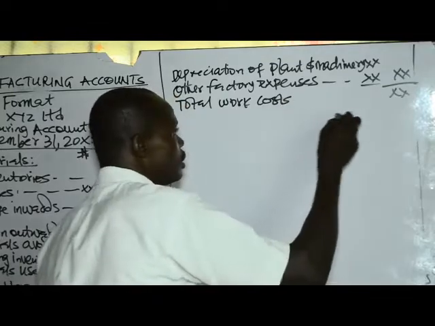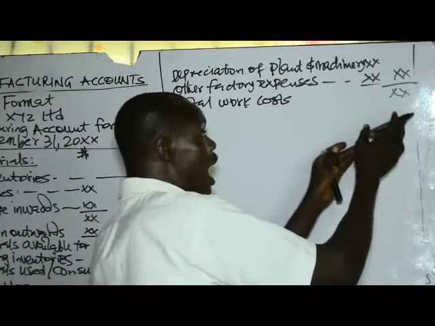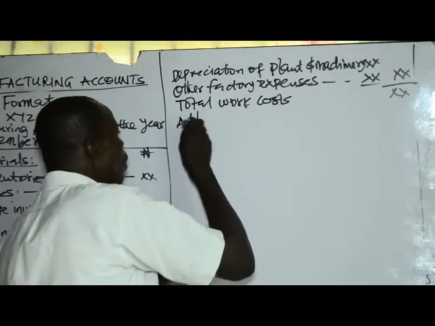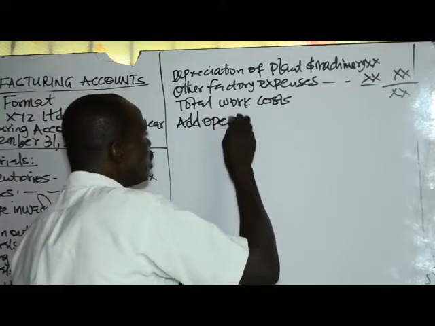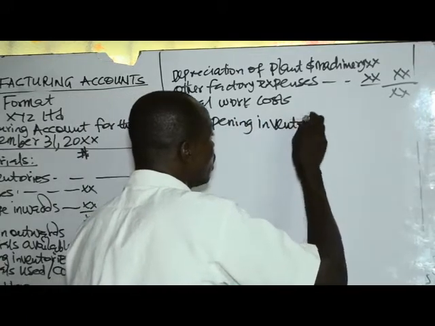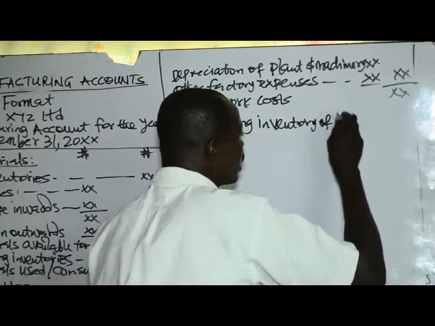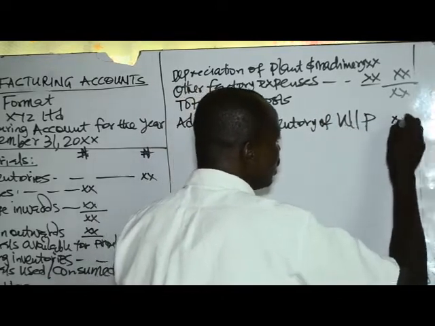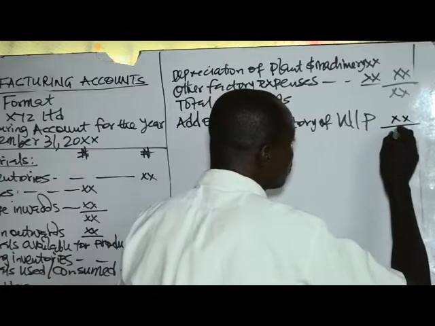of production. Then, in case you have work in progress, you add opening inventory of work in progress. You add the opening inventory of work in progress.